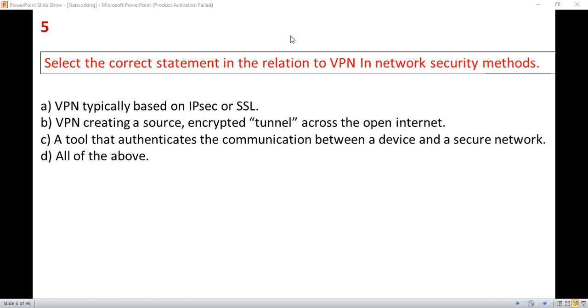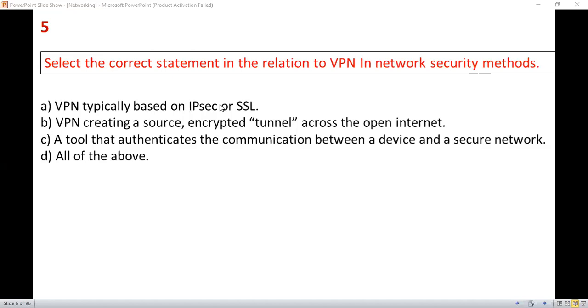So the answer for this question will be D, because a VPN connection establishes a secure connection between you and the internet. Via the VPN, all your data traffic is routed through the encrypted virtual tunnel, and this disguises your IP address also.